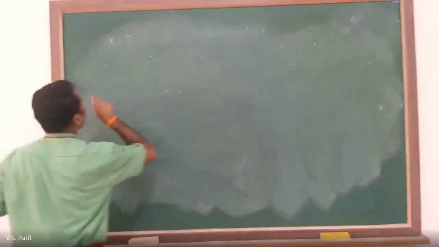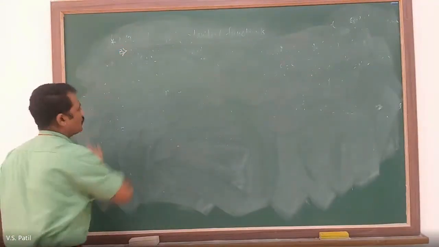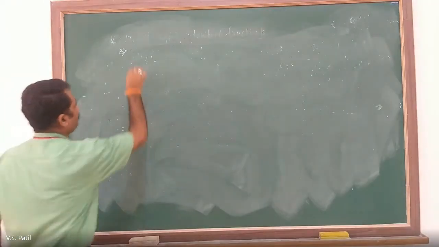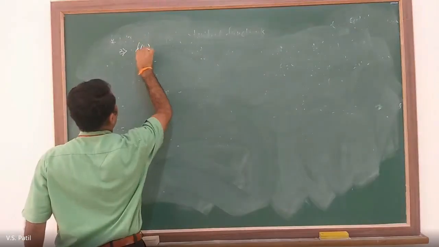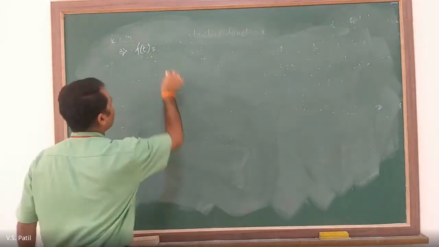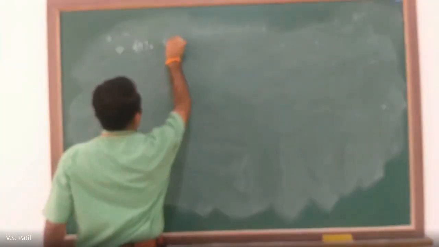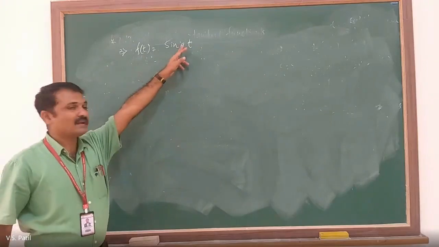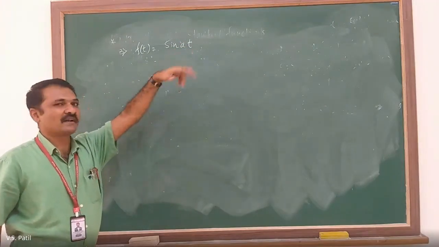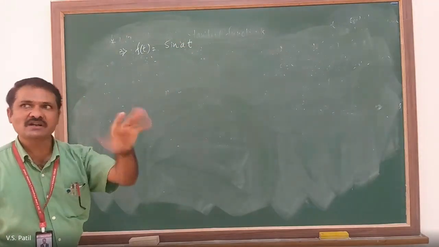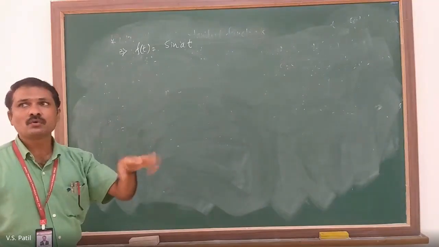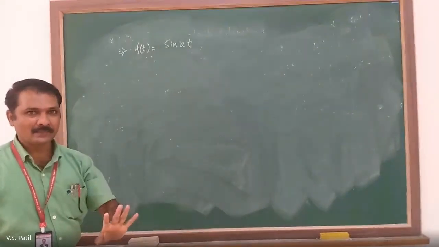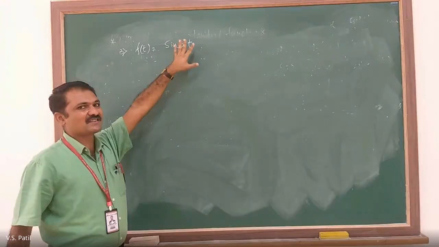The next one we take as the third one. f of t we take as sin a t. Usually I take a here, and in your books also they have taken a. If you want, you can take any constant p, q, b, anything. This is standard notation.